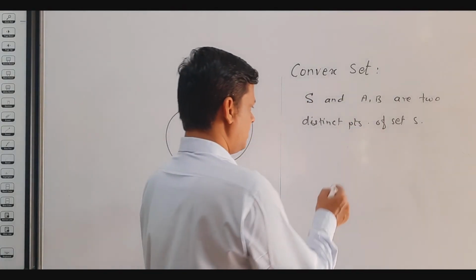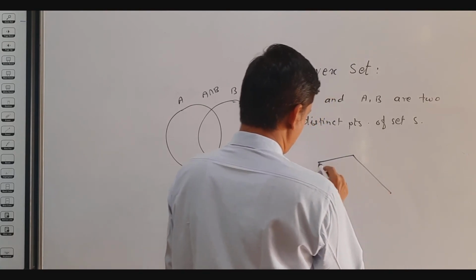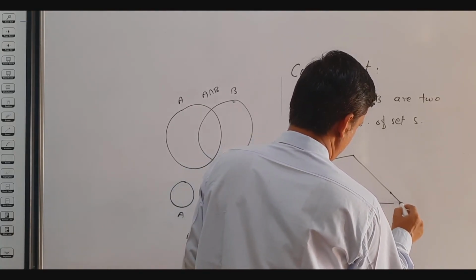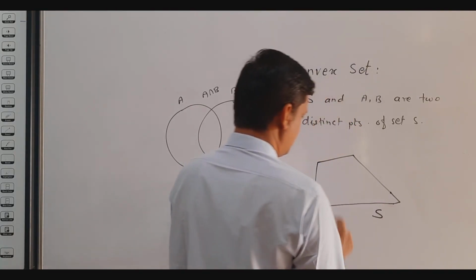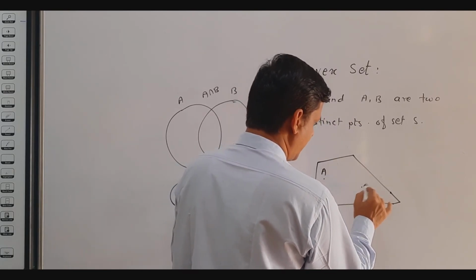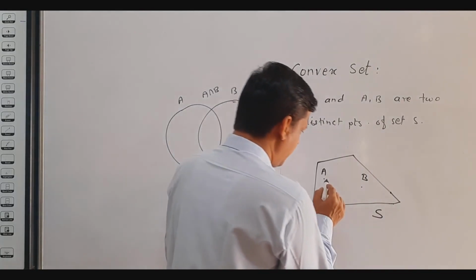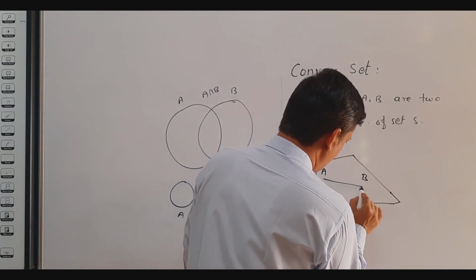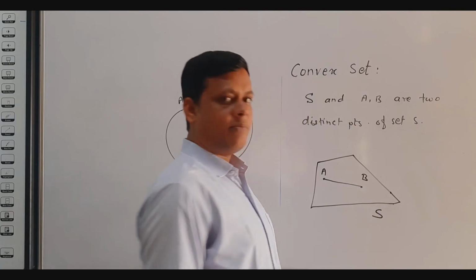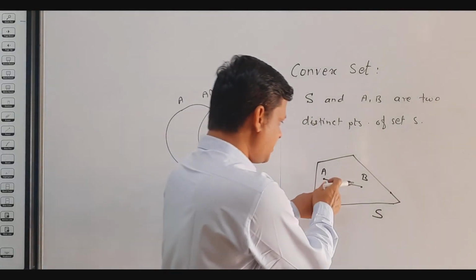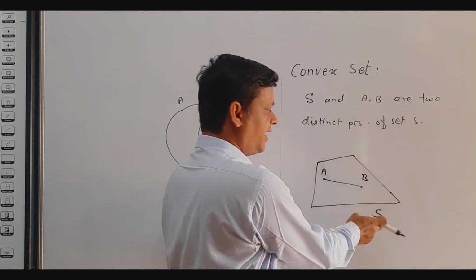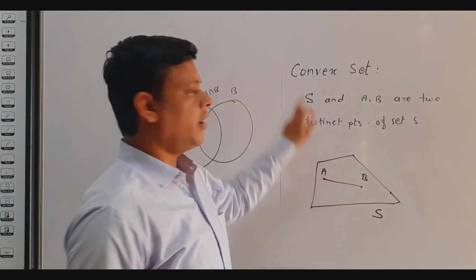Now see here, suppose this is set S. We consider here point A and point B, which are 2 distinct points of this set S. If we join these 2 points A and B by a segment, and this segment wholly lies in this set S, then this is a convex set.